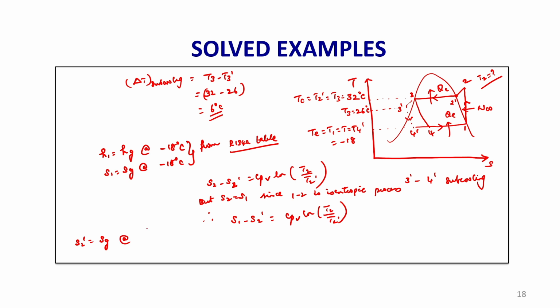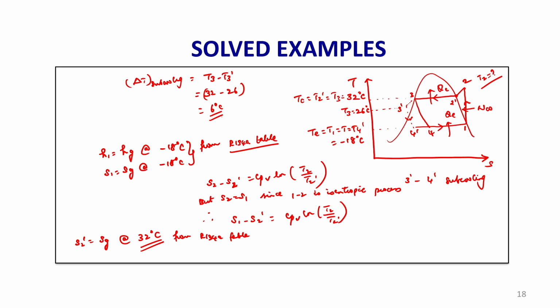The only difference is S1 is at minus 18 degrees centigrade evaporator temperature, and S2 dash is at condenser temperature, 32 degrees centigrade, from the R134A table.